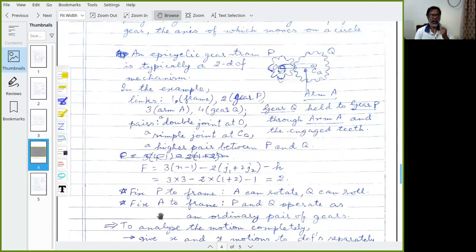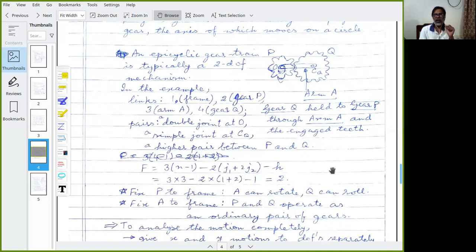Now the other way, you fix the arm to the frame. Then the arm is always horizontal, and in effect this point CQ gets fixed, and point O is anyway fixed. Then gear P and gear Q operate as an ordinary pair of gears. Still 1 degree of freedom here. So that means if you lock one degree of freedom, another degree of freedom still remains. To begin with, we had 2 degrees of freedom, which we get from the calculation.